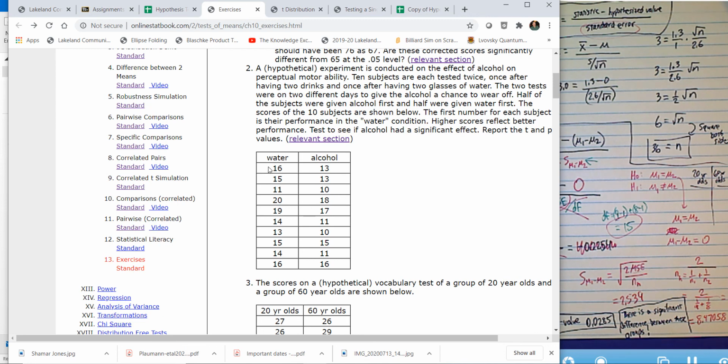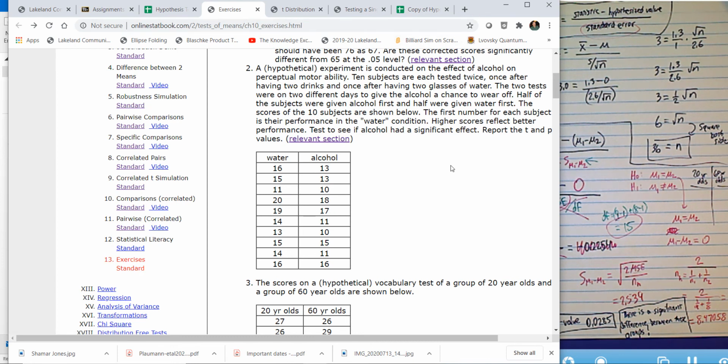And the point is, it's the same people, so these scores should be correlated. Some people seem to have no effect. Some people get very high scores all the time or very low scores all the time, right? So it makes sense that the first column and the second column are very related.